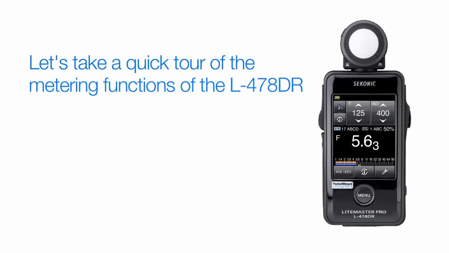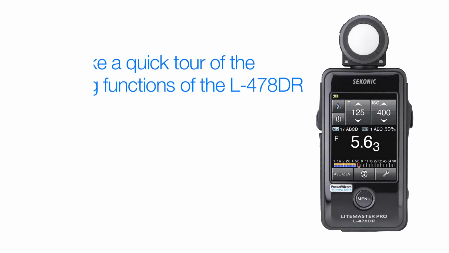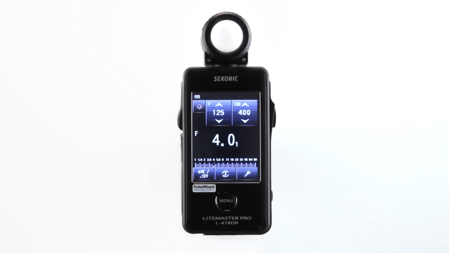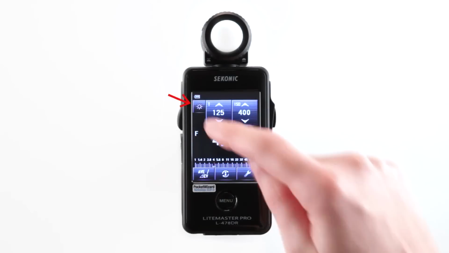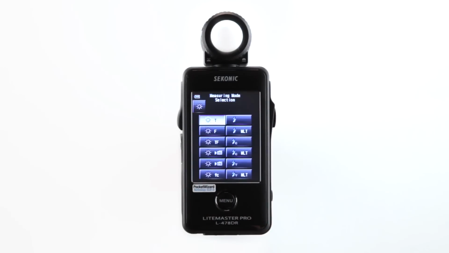The unit is now ready to operate, but before we start metering, let's take a quick tour of the different metering functions the L-478DR has to offer. Let's first select your desired metering mode by touching the measuring mode icon. This brings you to the measuring mode selection screen.